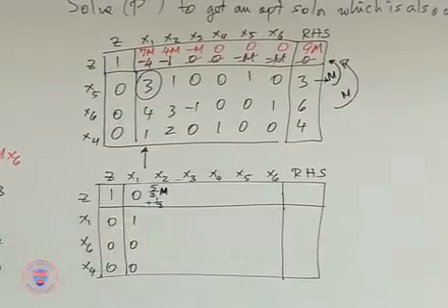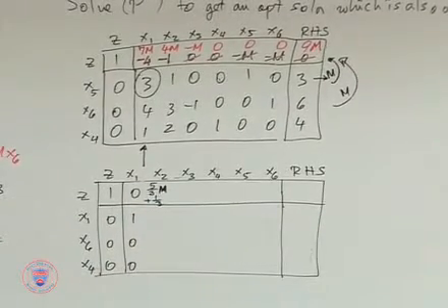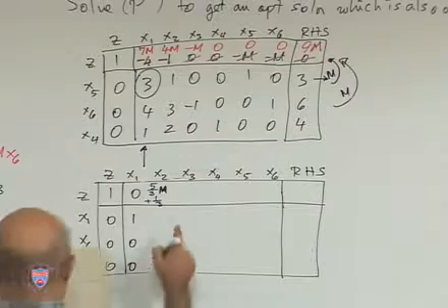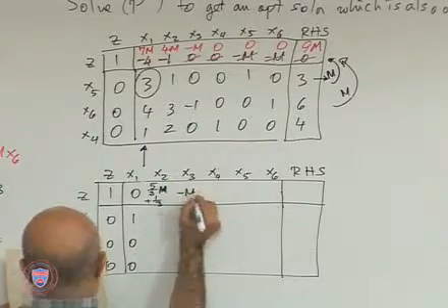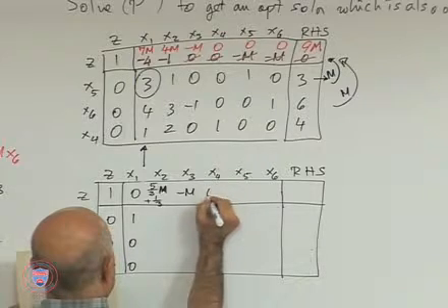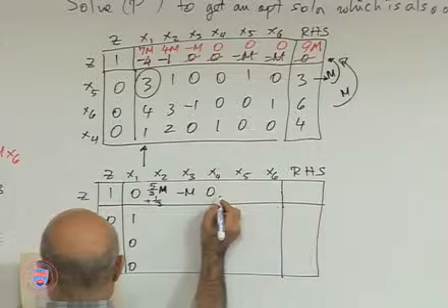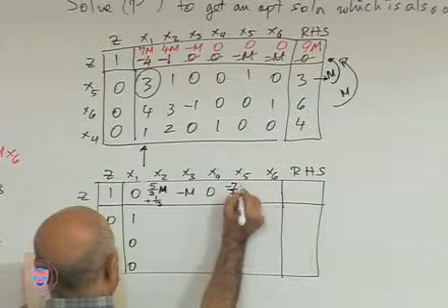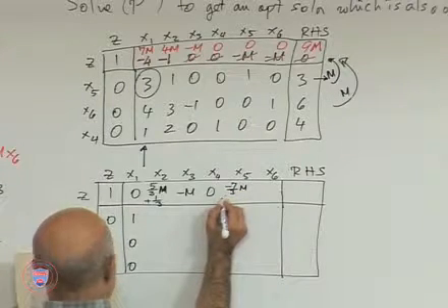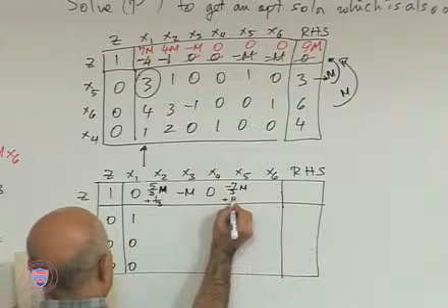X2 has a reduced cost of 5/3 m plus 1/3. X3 has a reduced cost of minus m. X4 has 0. X5 has minus 7/3 m plus 4/3.